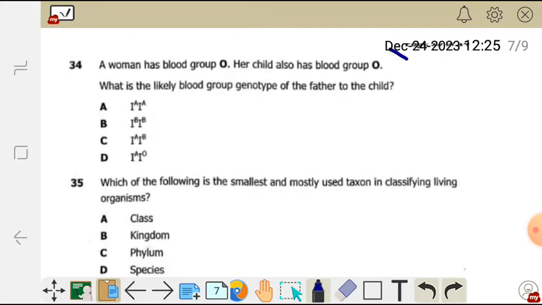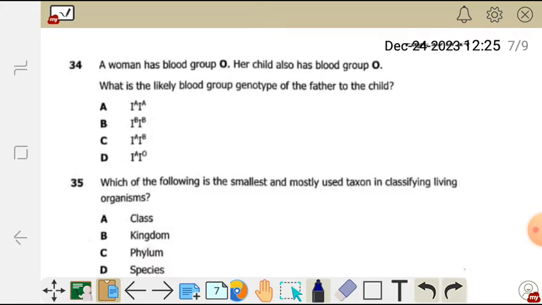Because for you to have blood group O, you must have both genes from the mother and the father, or the alleles should be of blood group O. So the mother is already blood group O, so the father as well should have a gene for blood group O. So the correct answer here is D. Why?